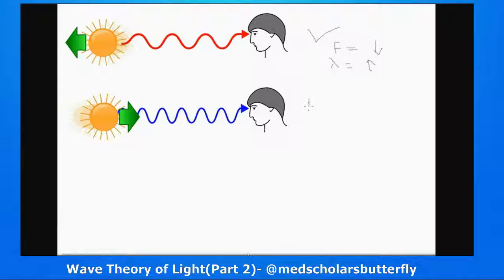Then in blue shift, the frequency of light is increasing, vice versa of red shift, and wavelength is decreasing, and so the light appears blue to the observer.